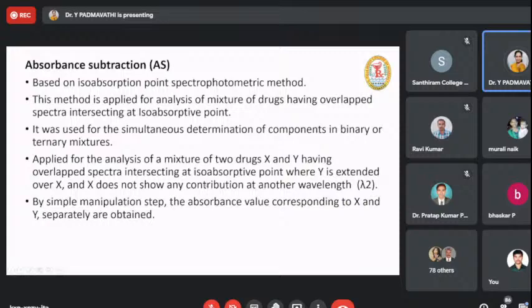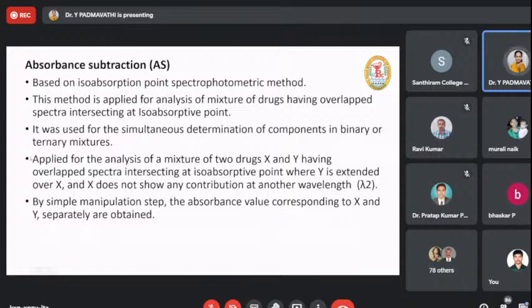Suppose you apply this method for analysis of a mixture of two drugs having a very good overlaid spectra intersecting at a point. The condition is that Y extends over X, but X does not show contribution at the other wavelength.